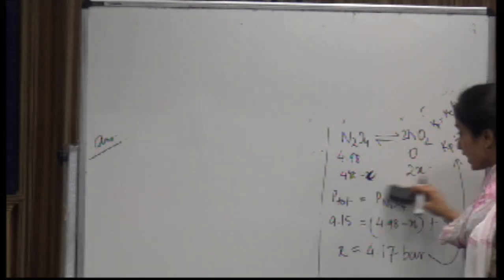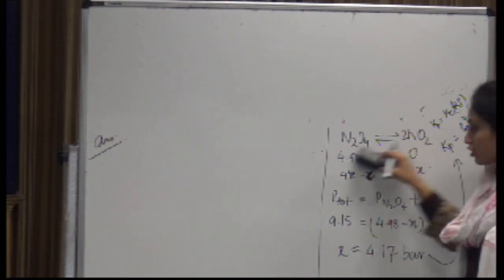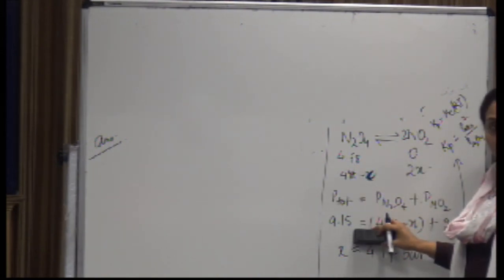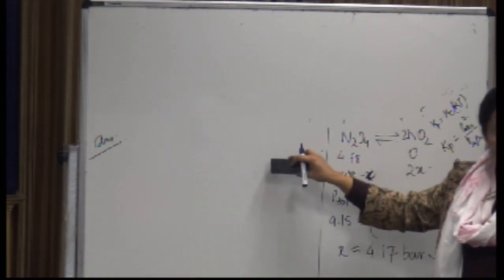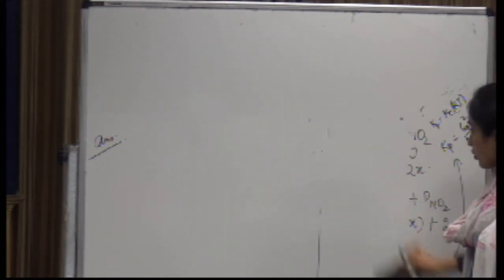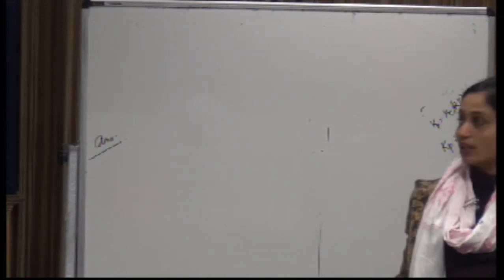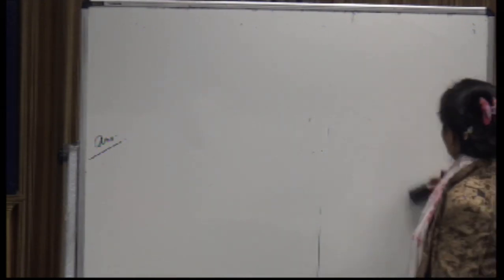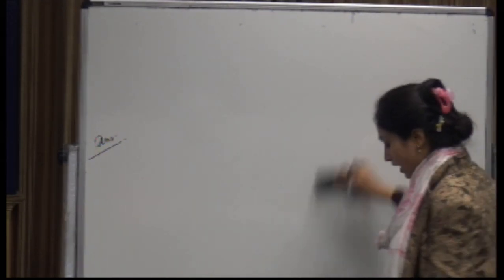Now at equilibrium, the total pressure is equal to 9.15, which is given in the question. Using that, I calculated my x. Once that x is calculated, our work is done because we can write our Kp and then we can relate our Kp and Kc also. So this is one thing which is done.